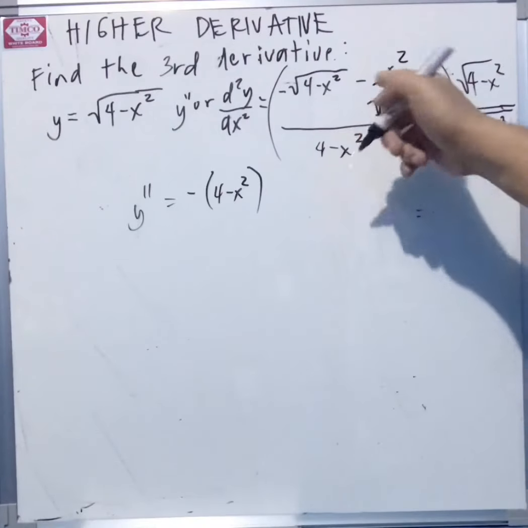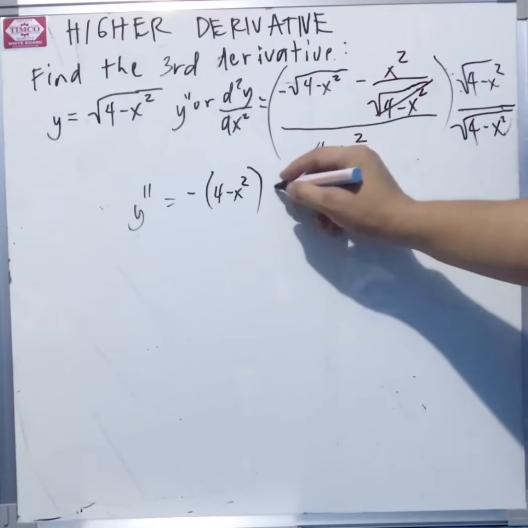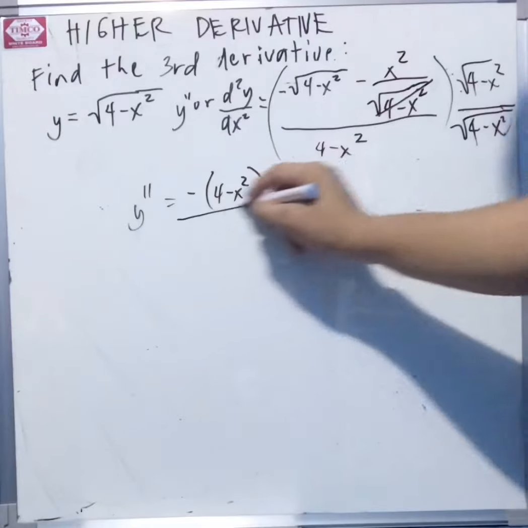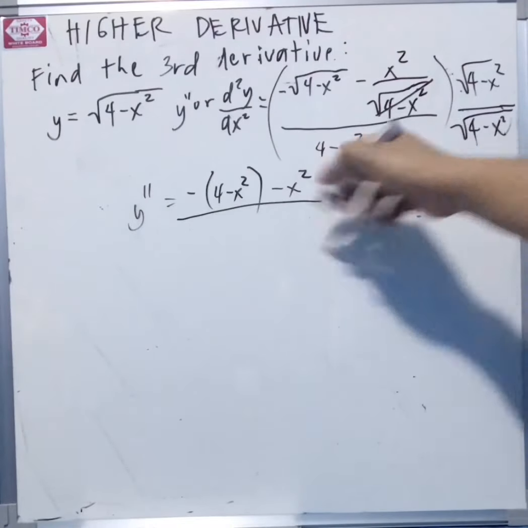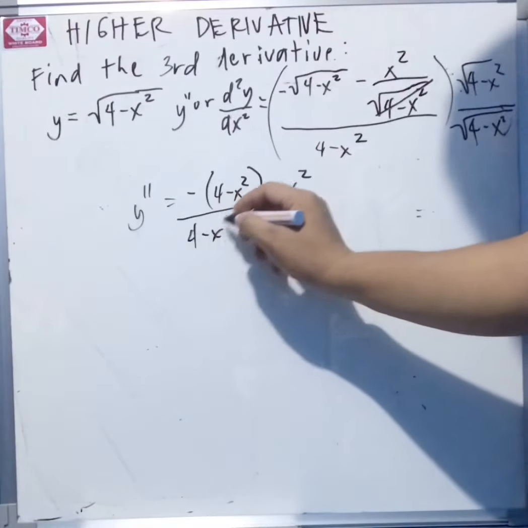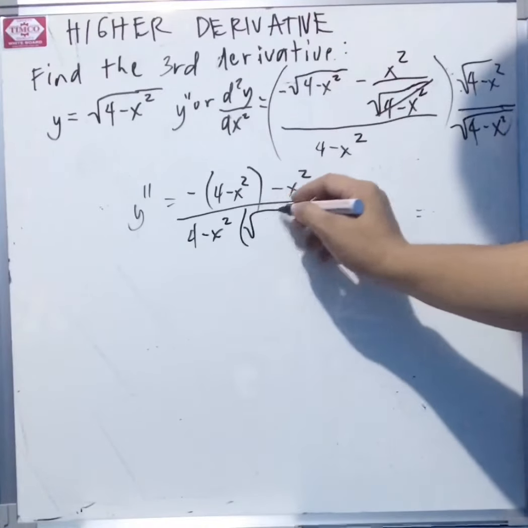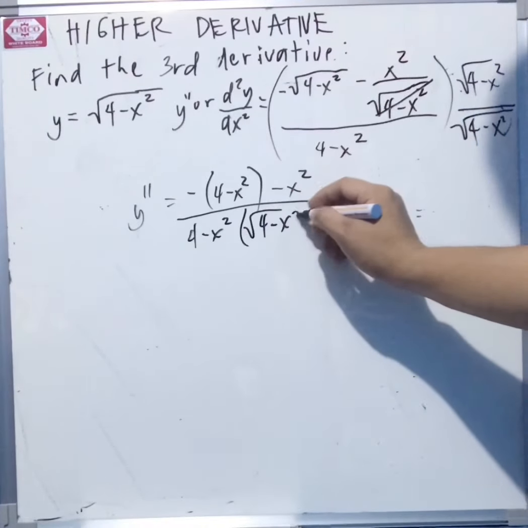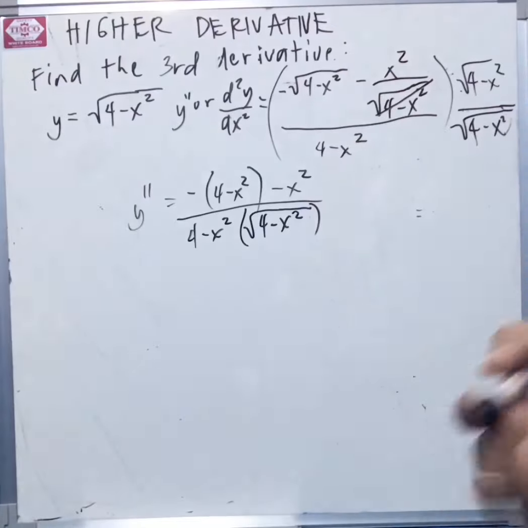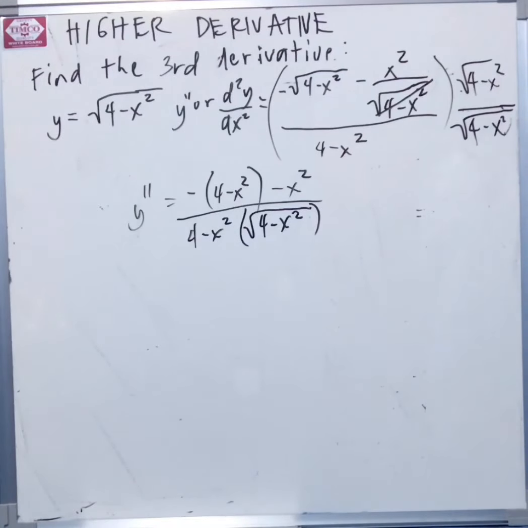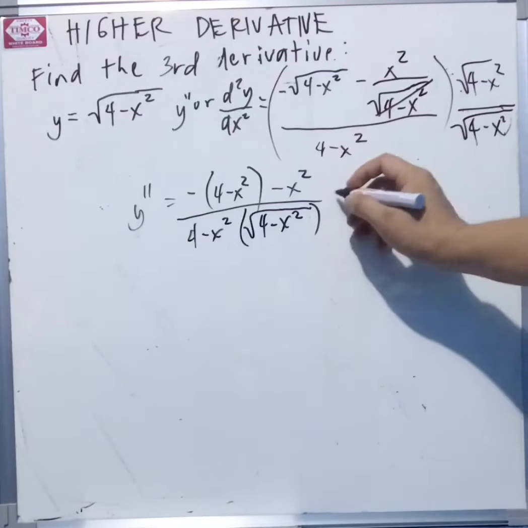So, natira is negative x squared all over ito. So, 4 minus x squared times square root of 4 minus x squared. Ayan. So, simplify natin yung nasa numerator.